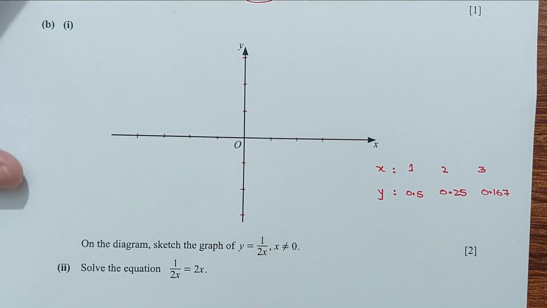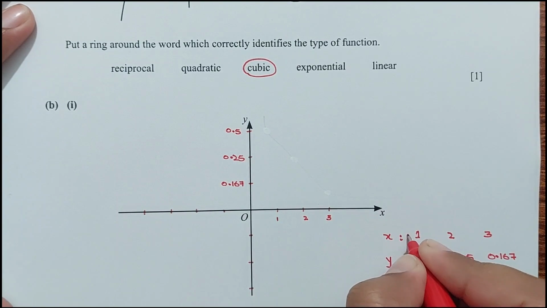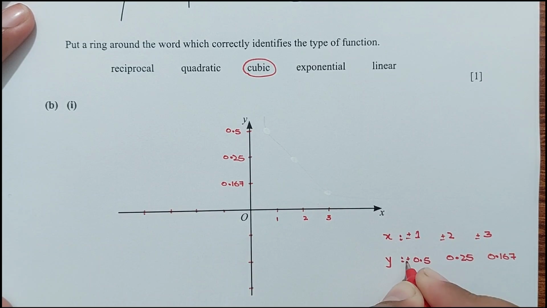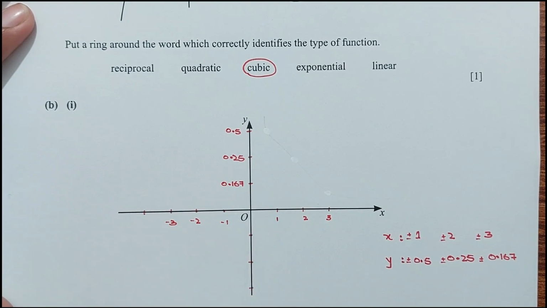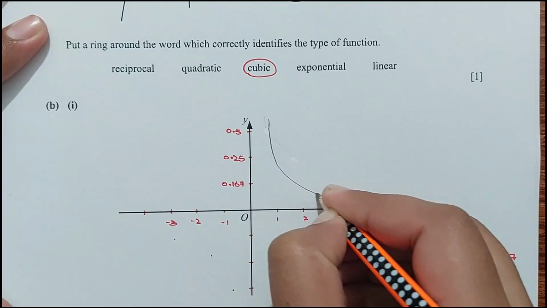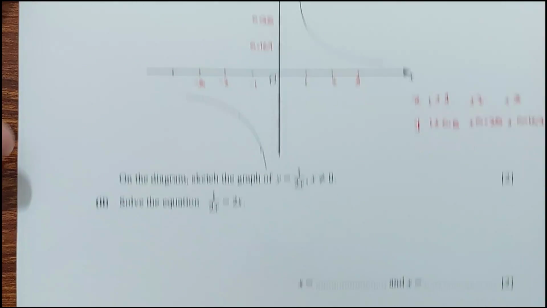For the other side, when x is plus or minus 1, 2, 3, the answer is also plus or minus, the same. For minus 1, we can plot here, here, and here. So this is just a rough sketch, and this is the shape.